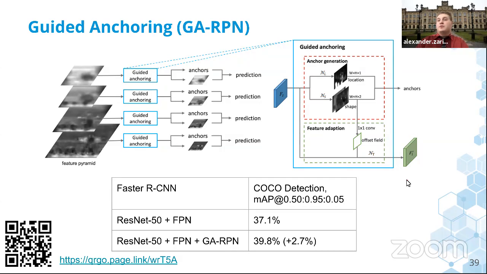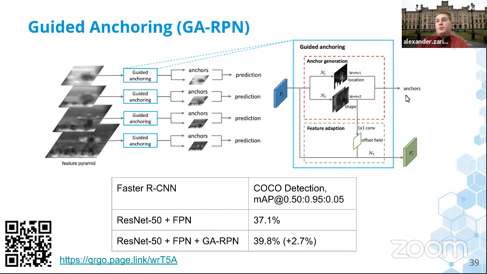To do so, the authors proposed a simple idea. Let's use the predicted shapes of our anchors, and using this information, we may generate offsets for our deformable convolutions, and then use these offsets to adjust our feature map to be well aligned with the generated anchors.